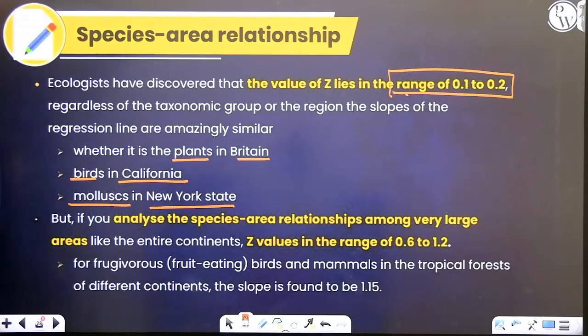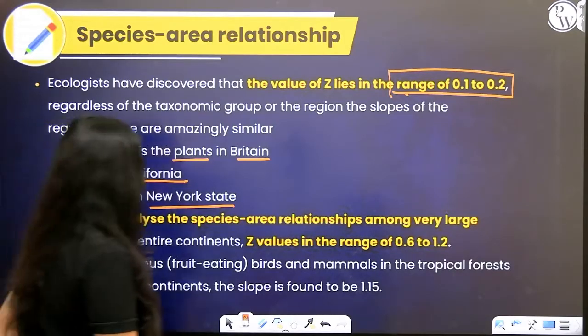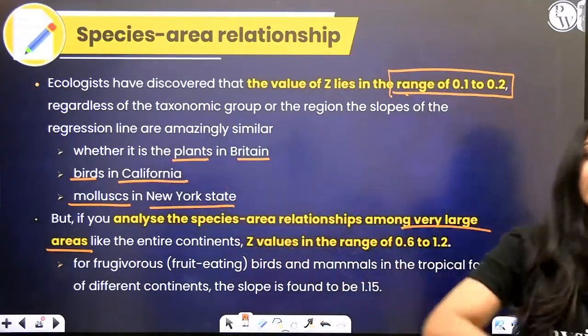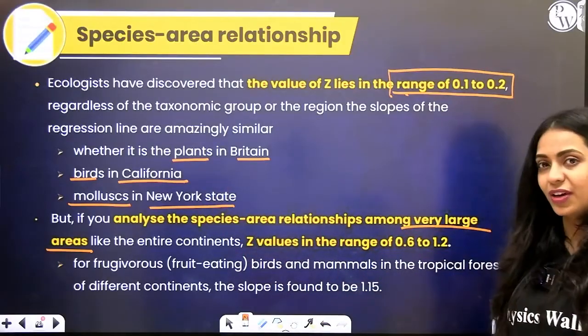Regardless of where it is, the range is going to be between 0.1 to 0.2. But if you analyze species area relationships in very large areas, like an entire continent, then it's going to be very steep.